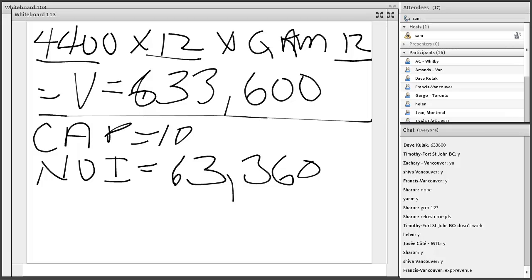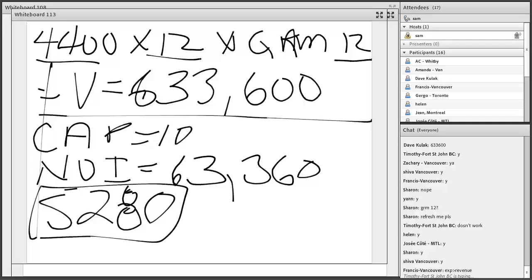Everybody see that? Yeah, it doesn't work. Exactly. You see what the problem is? Because if the net operating income is 63,360, and we divide that by 12, we get 5,280.